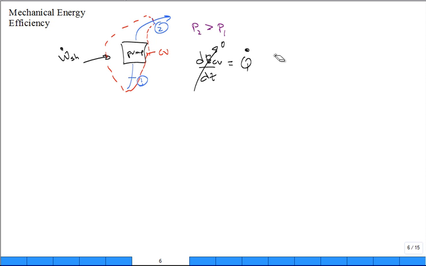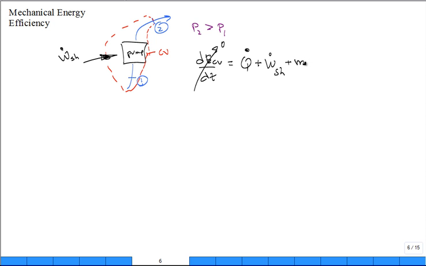I'm going to leave it in there because that pump could be warm and maybe give off some heat to the surroundings, or it could be just sort of beating up that water and not being a very efficient pump, and the water temperature could come out greater at state 2. So I'll leave that in for a minute. And now, instead of a minus out, I'm going to put a plus W dot shaft in. It's the shaft power in to that control volume, because this is into the control volume.